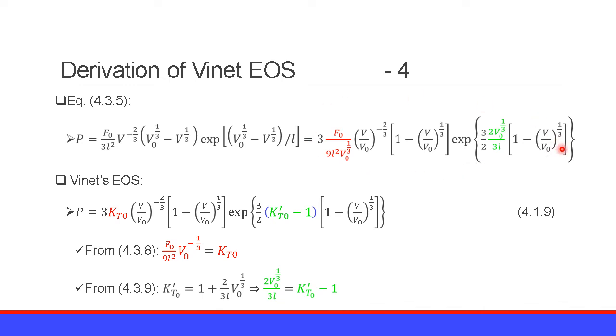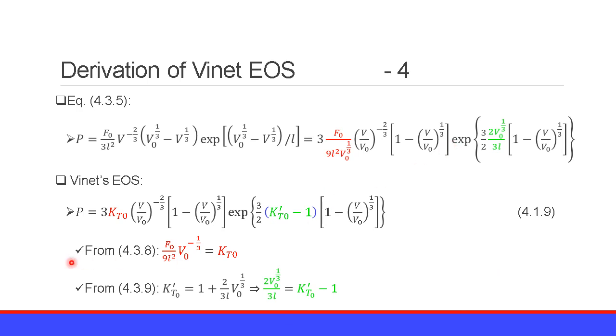Why do we modify it in this way? This red part is equal to KT0, and this green part corresponds to KT0 prime minus 1.